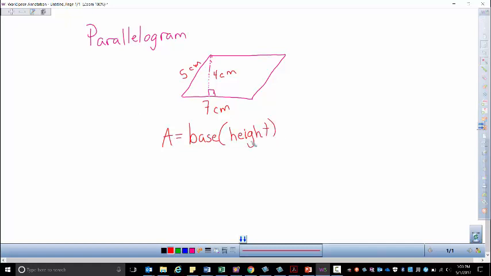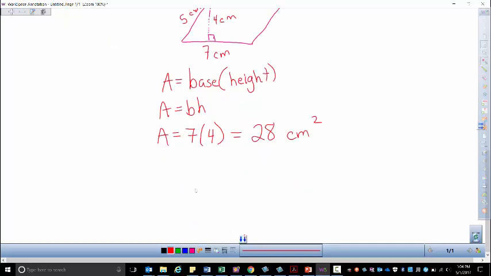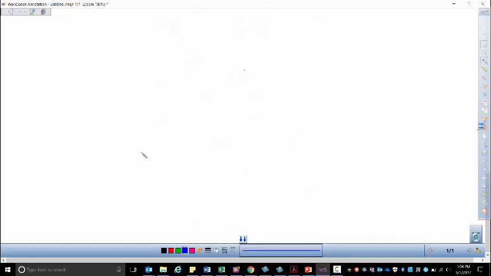And the base and the height are perpendicular to each other. So the base sits on the ground and the height is vertical. So for this problem, we would take 7 times 4, which is 28 centimeters squared. That's the area.